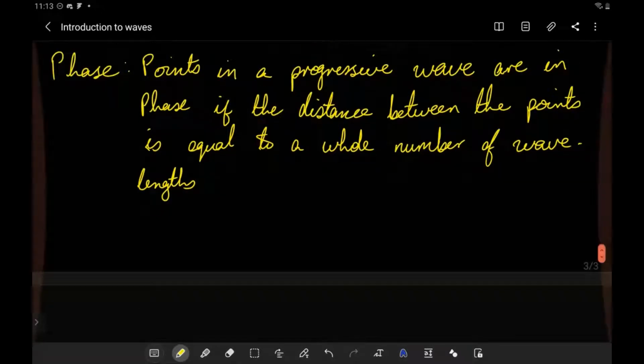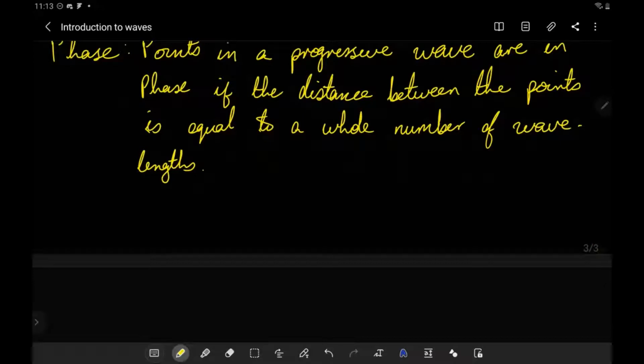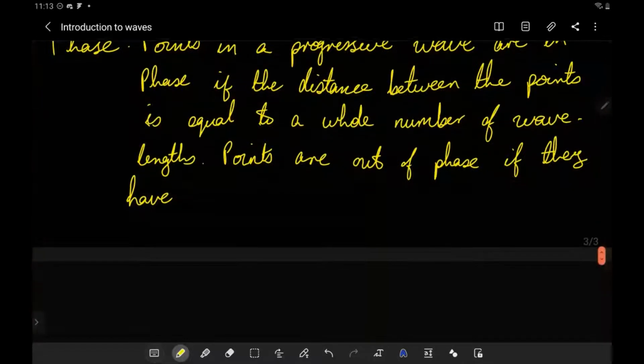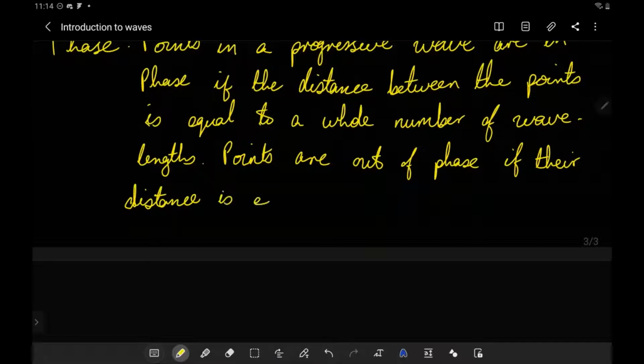What about if they are out of phase? Points are out of phase if their distance is equal to any odd multiple of a half wavelength.